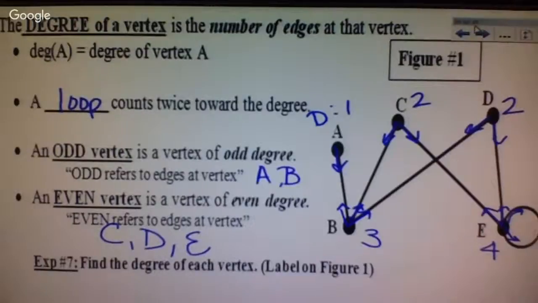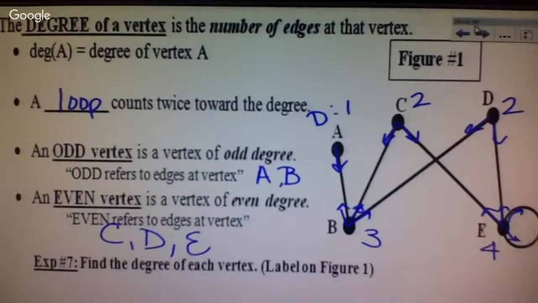C, D, and E. Okay, we already did example 7, where we found the degree of each vertex. Label on figure 1. Questions on degrees. This is going to come more into play when we start section 5.5 tomorrow.